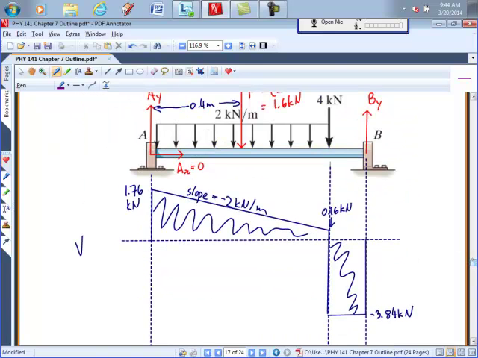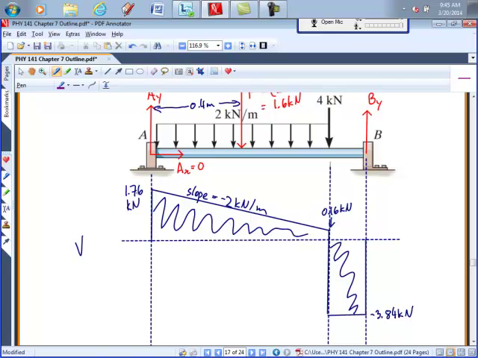Where does the moment diagram start? 0. There's no couple moments applied at A, because it's not that kind of support, right? It just has x and y components, no moment. So that means it's going to start at 0. What's the slope going to be? Positive.